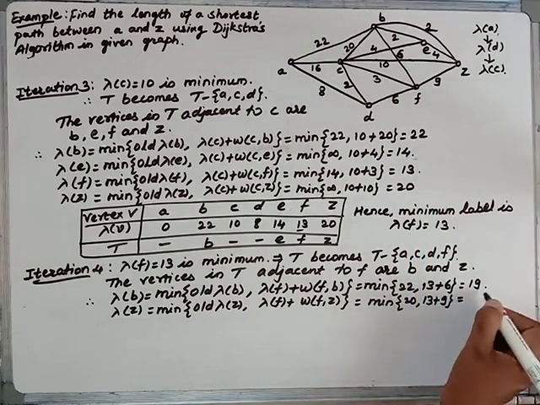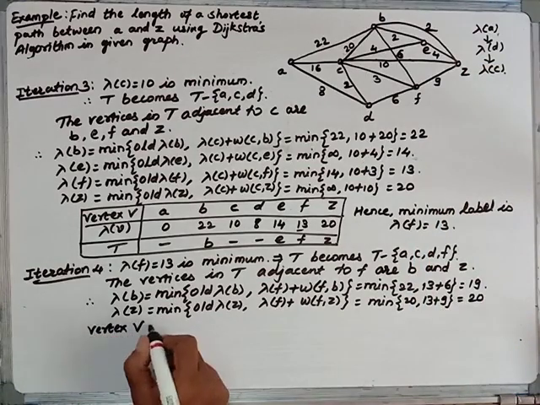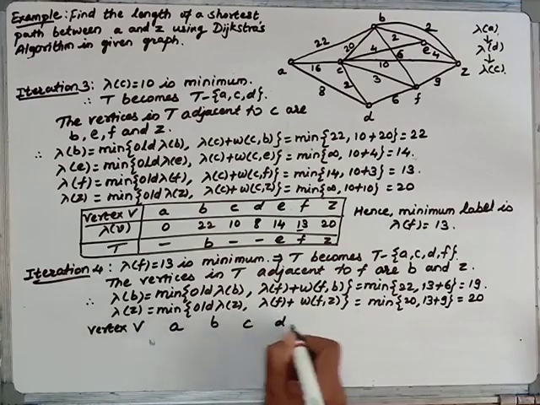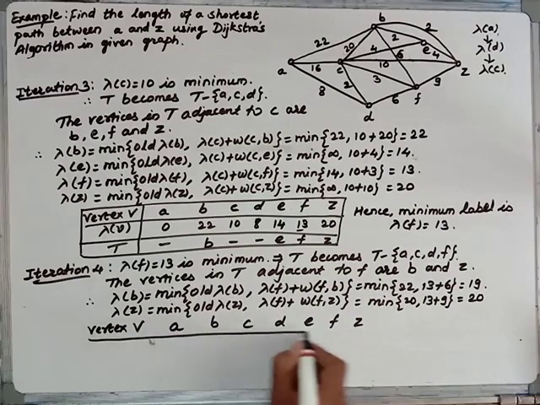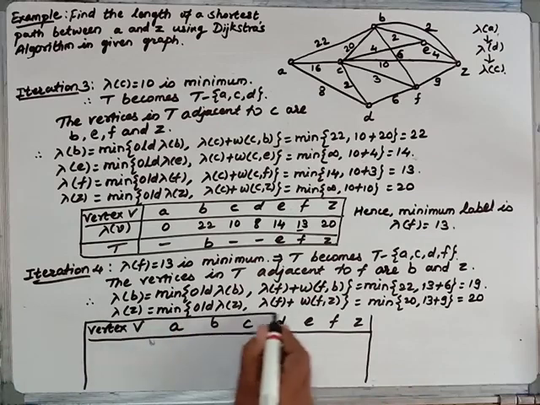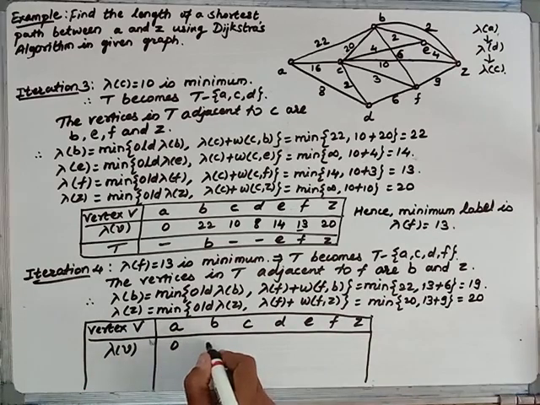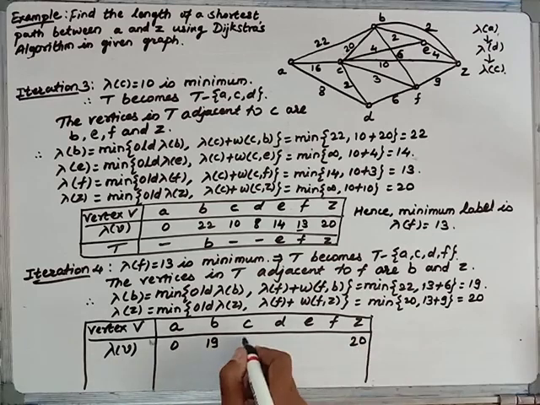So the minimum is 20. So our new labeling is for vertex V, again A, B, C, D, E, F, Z. Lambda of V is 0. Lambda of B changes to 19. Lambda of Z will be 20. The others are as they are.